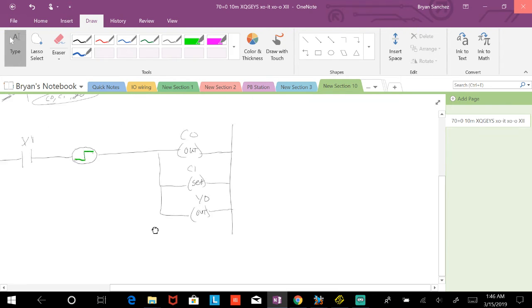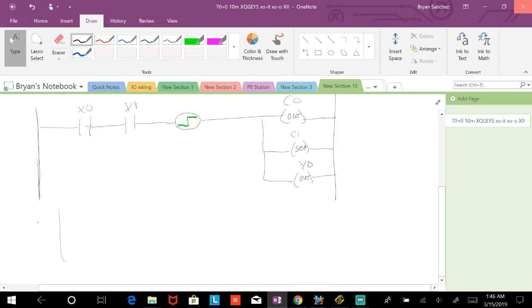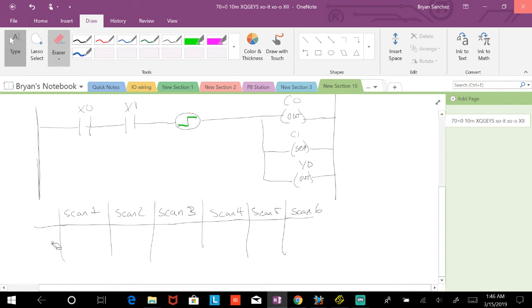Now let's start analyzing this. So now, scan 1, scan 2, scan 3, scan 4, scan 5, scan 6. X0 and X1, then C0, C1, and Y0.